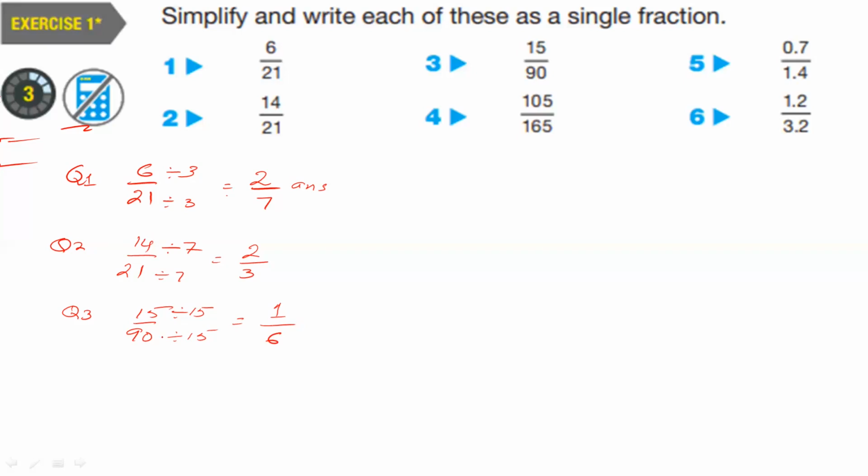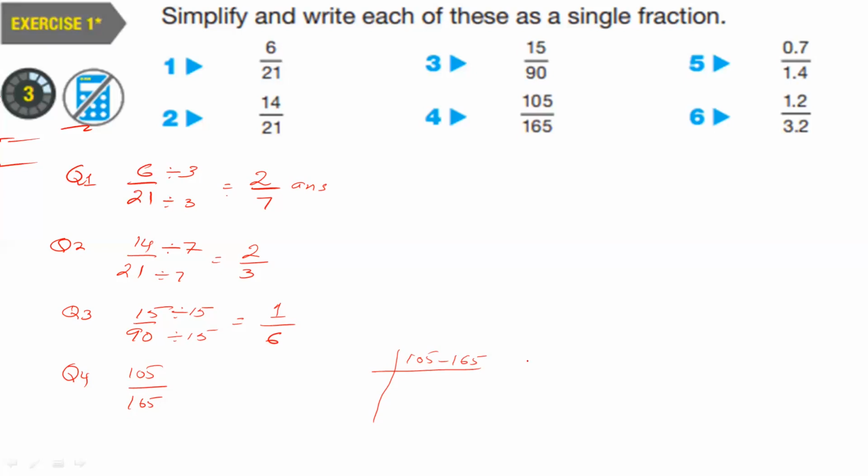Now we solve question 4. Question 4 is 105 over 165. Now it's hard for us to find the highest common factor, so we need to solve like this. 105 and 165.